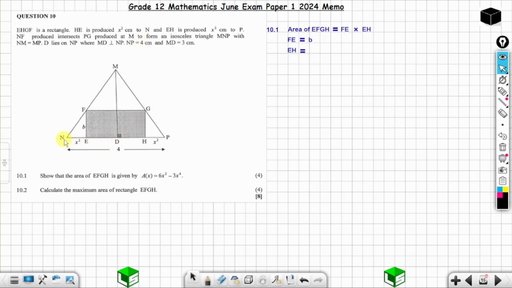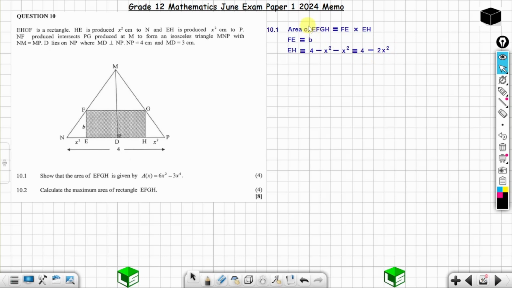Now from N to E, you have x squared, and from H to P, you have x squared. Now to find from E to H, you have 4 minus x squared minus x squared. So EH is equal to 4 minus 2x squared.